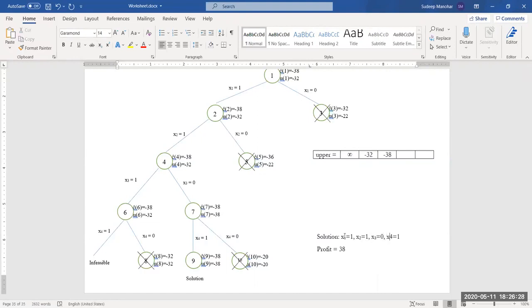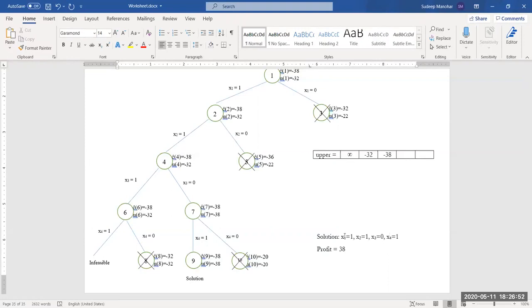What does this x value tell? X is 1 means you have to consider that item. X is 0 means you have to discard that item. That means x1 is considered, the first item is considered, x2, the second item is also considered, the third item is not considered, and the fourth item is considered. So totally items number 1, 2 and 4 are considered.